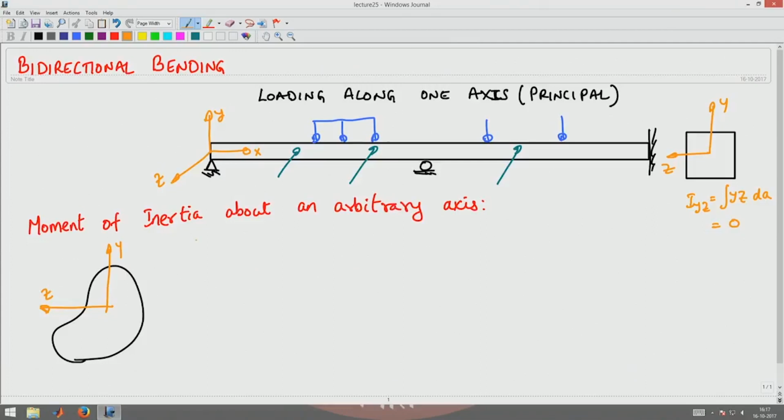For this I can compute I_ZZ, that is the moment of inertia about the z axis, which is integral y square dA over the area of the cross section, and compute I_YY, which is integral z square dA, integrated over the area of the cross section, and I can define I_YZ, which is integral yz dA, integrated over the area of the cross section.